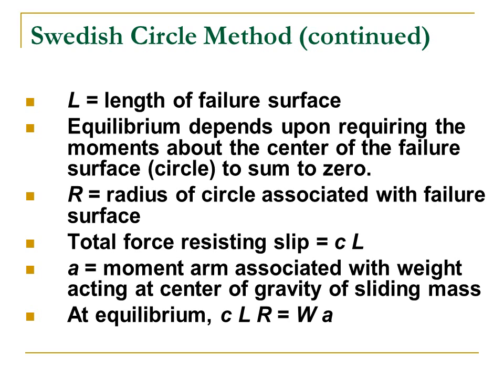And then at equilibrium, we would require that cohesion times length times the circle radius is equal to the weight of the potential sliding mass times its moment arm A.